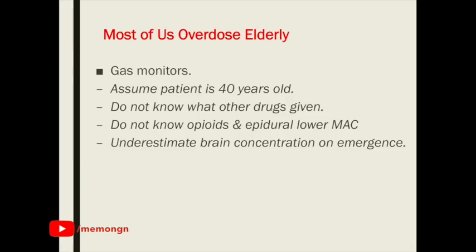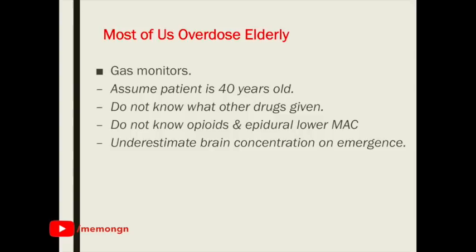Most anesthetists overdose the elderly people, because we depend on the MAC value for maintaining the anesthesia, and the machine assumes the patient is 40 years old. The anesthesia machine does not know what other drugs we have been using, because MAC is related purely to the inhalation anesthetic agent.